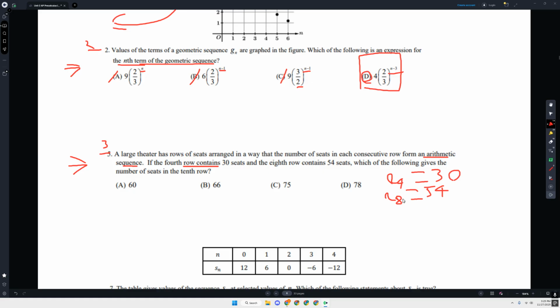From there, we're going to figure out the common difference, which means we would have 4x plus 30 is equal to 54, because we have our fourth term, which means we've added the common difference 4 times to some initial value. So we're going until 54, which means 4x is equal to 24, x is equal to 6, which means our common difference is equal to 6.